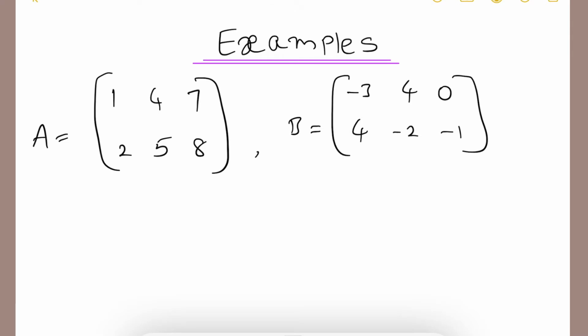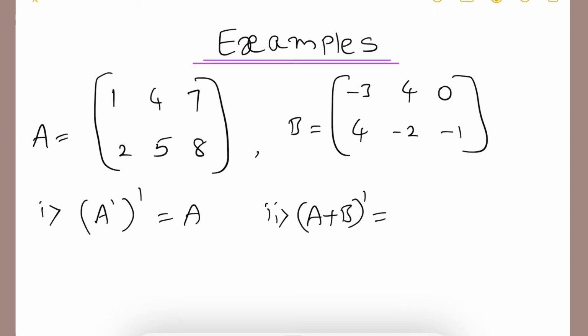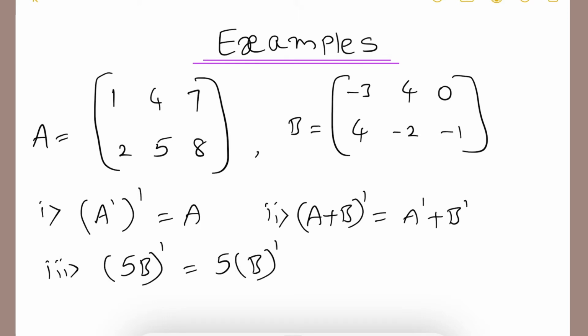Then he is asking us to verify that, first, (A transpose) whole transpose equals A. Second, (A plus B) whole transpose is equal to A transpose plus B transpose. And third, (πB) whole transpose is equal to π into B transpose. Okay, let us do them one by one now.